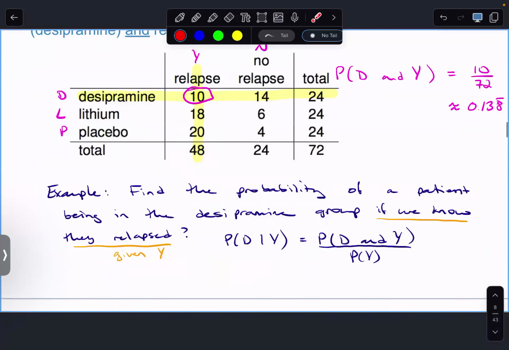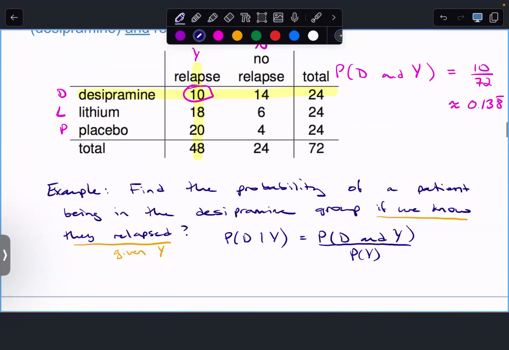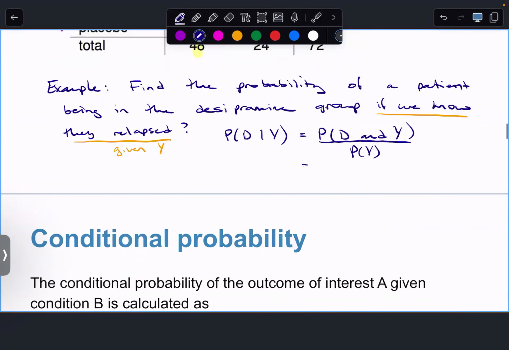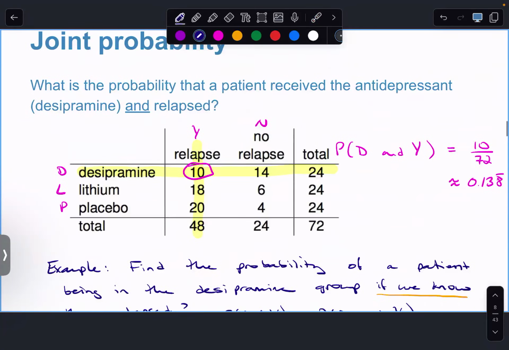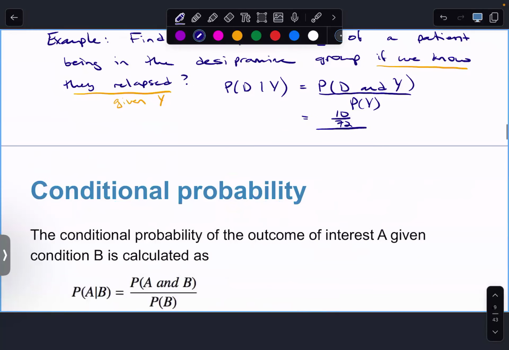For a little bit of practice, should we use the fractions? So this is the same as 10 over 72 divided by 48 over 72.